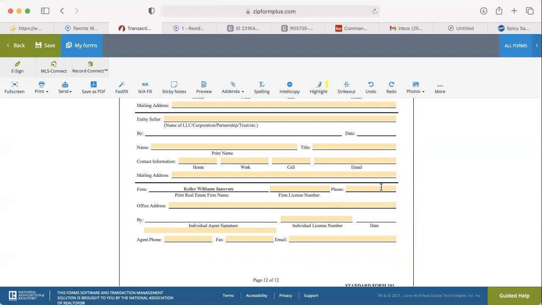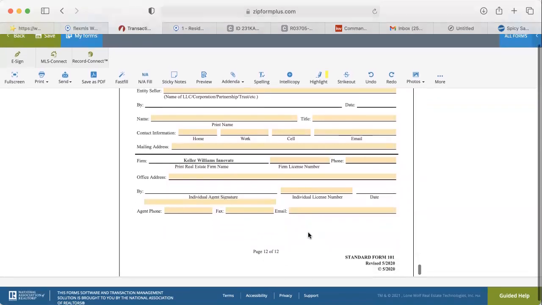The firm's phone number, so the office phone number would go up here, then the office address. Your signature would go here, your license number here. It would date it as to whenever you electronically signed it. It would fill in your name down here, or you could type it in, and then type in your phone number, your fax number, and your email address.